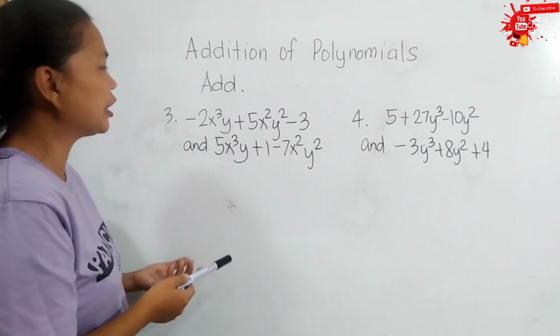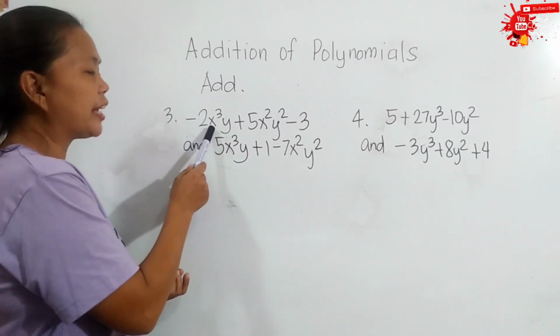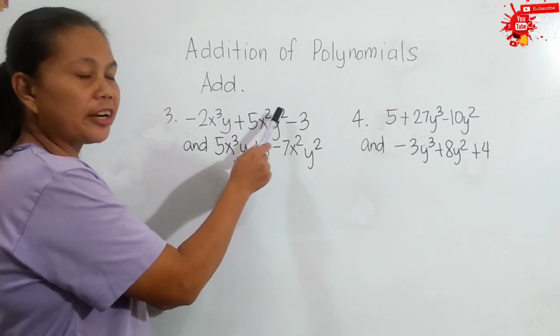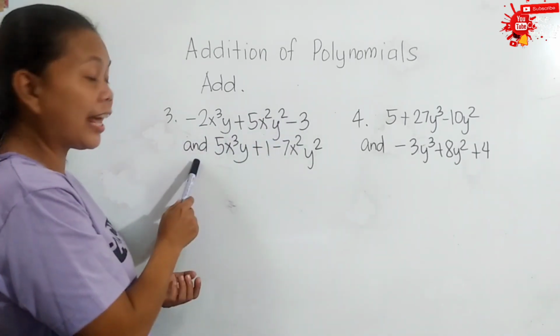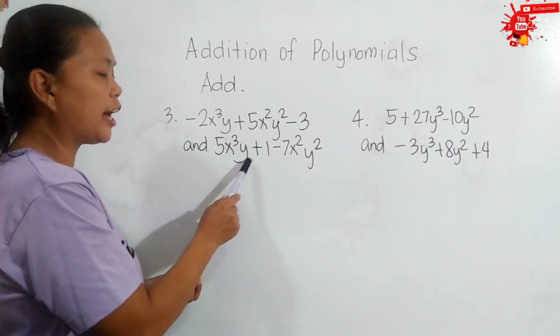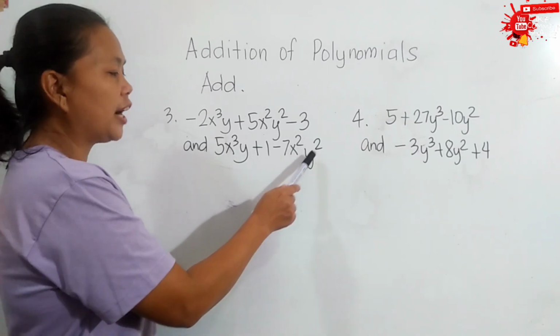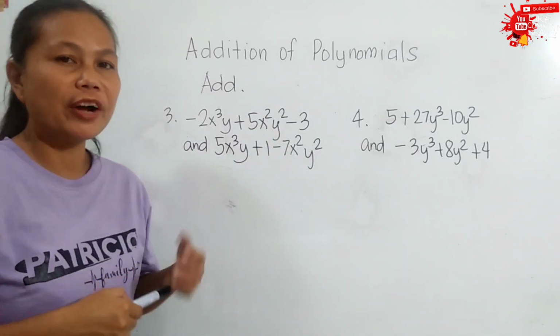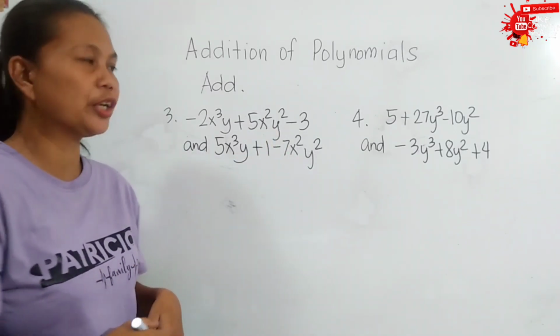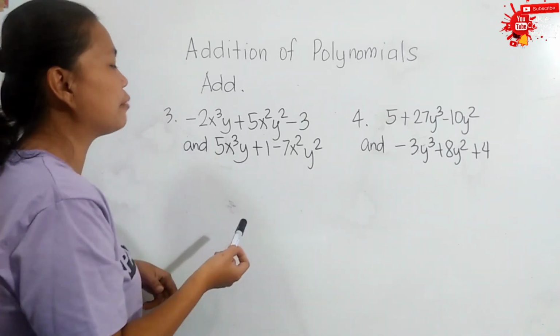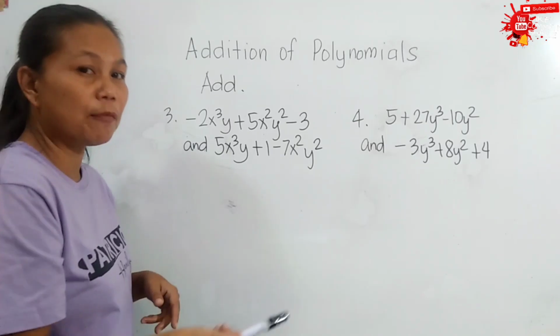So we are given here to add negative 2x cubed y plus 5x squared y squared minus 3 and 5x cubed y plus 1 minus 7x squared y squared. If we are going to arrange it in descending order, we always look at the first variable in a given polynomial, arranged alphabetically.